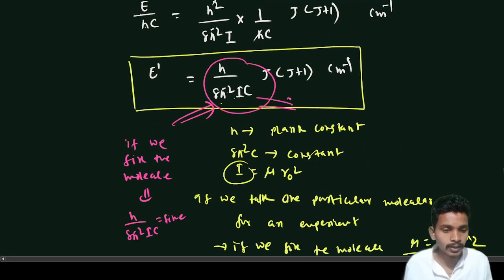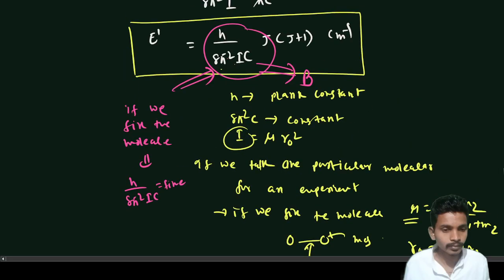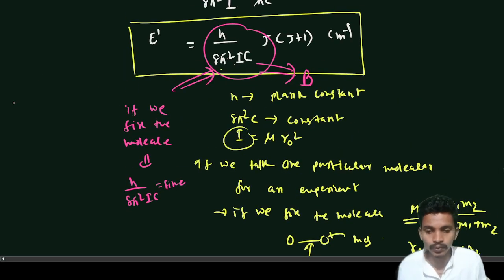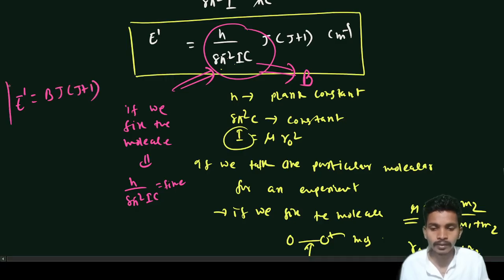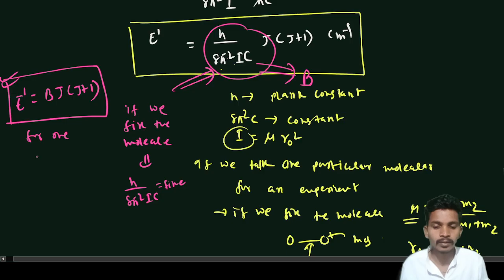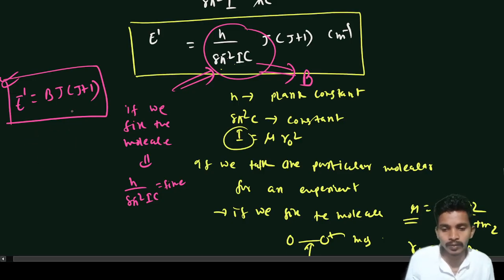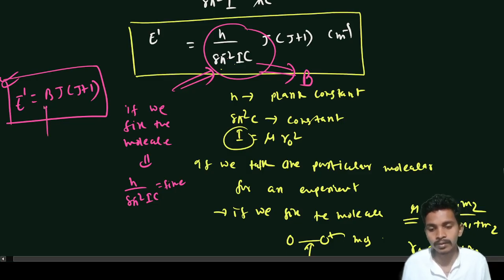I can write this whole thing as a constant, let's say B. So the equation changes to E dash equals B j into j plus 1. We get this equation for one molecule. If the molecule changes, then B will change, because B has I, and this I will change.